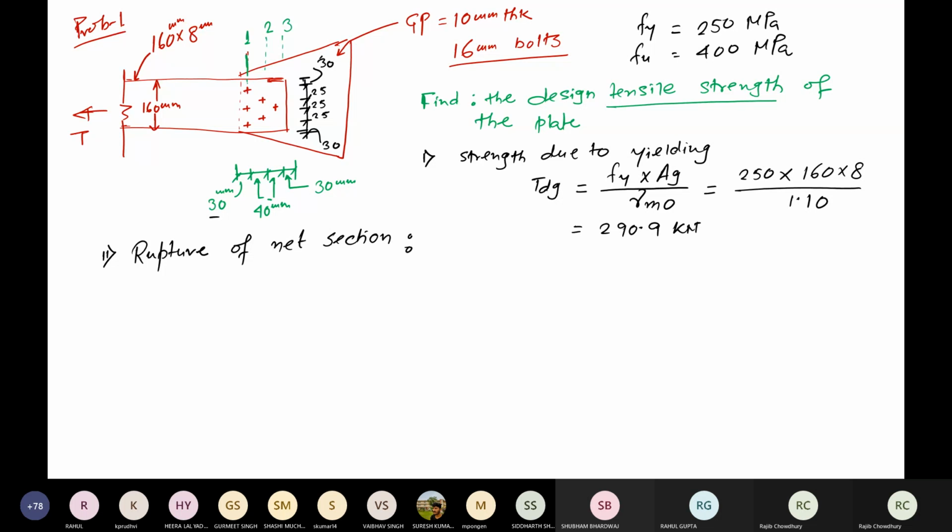The formula is TDN, which is 0.9 times Fu multiplied by An divided by gamma m1. Now, that means this An has to be identified. So how do we calculate the An?